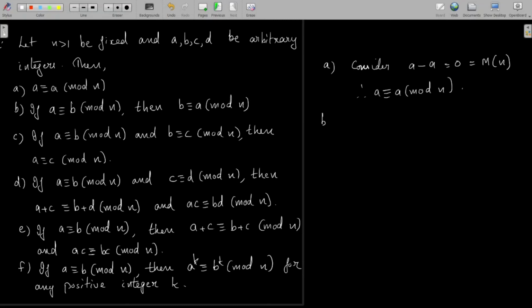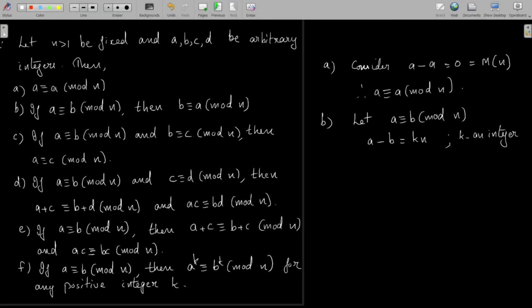Now, the second result says that if a is congruent to b mod n, then b is congruent to a mod n. So, we assume that a is congruent to b mod n. By definition of congruence, we may write a minus b equal to some multiple of n, that is, a minus b equal to k into n, where k is an integer.